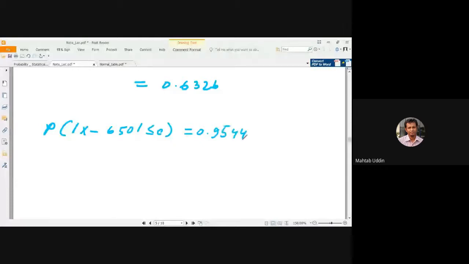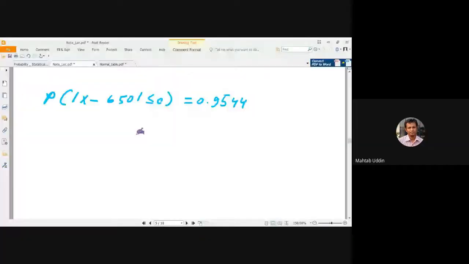Then we can write probability minus c less than or equal x minus 650 less than or equal c is equal to 0.9544.